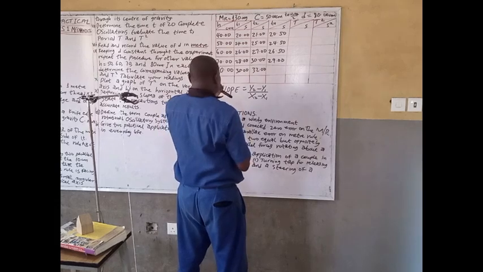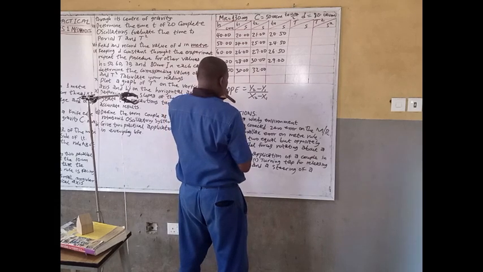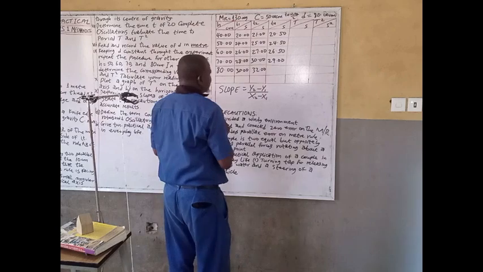Then 30 plus 32 is equal to 62, divided by 2 is 31.00.